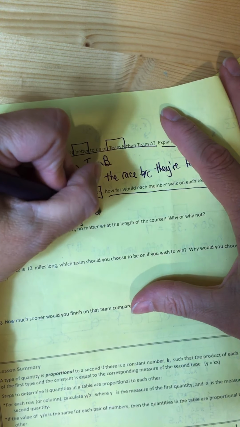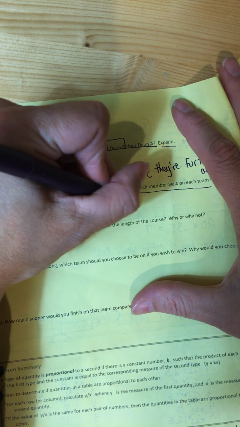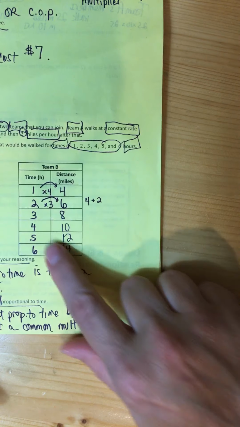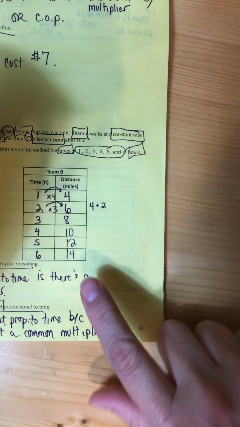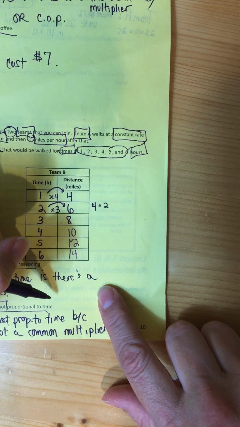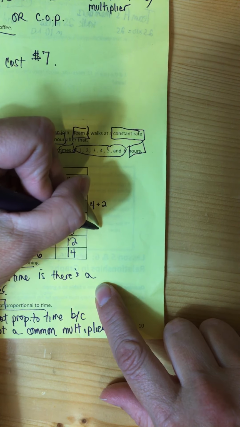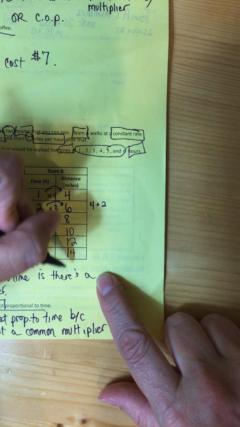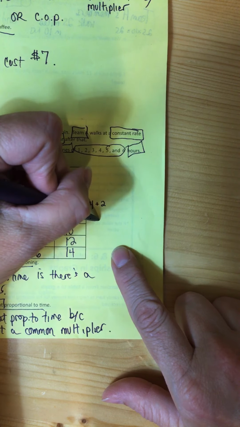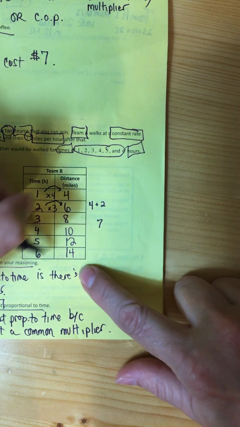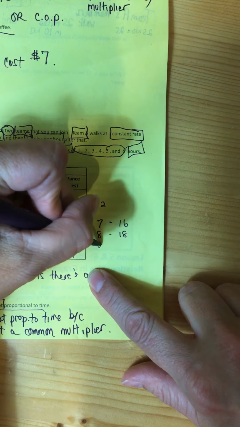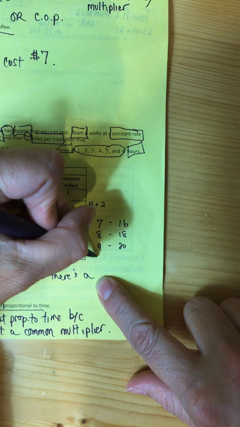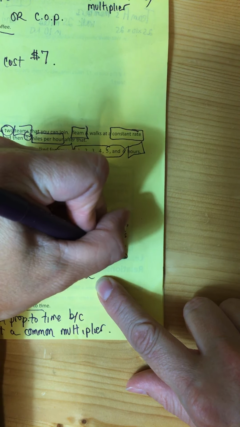And then Team B, let's see here what they do. Now they don't go 10 hours either in this table. So I'm thinking if I were to keep that table going, I don't have any room underneath here to do it, so I come over here to the side. I know that every hour goes up another 2 miles, so like 7 would be 16, and 8 would be 18, and 9 would be 20, and 10 hours would be 22 miles.